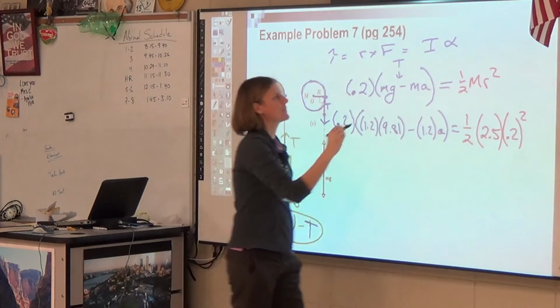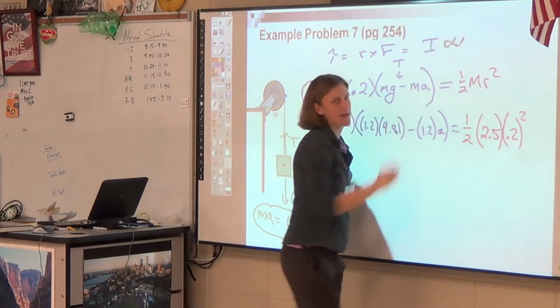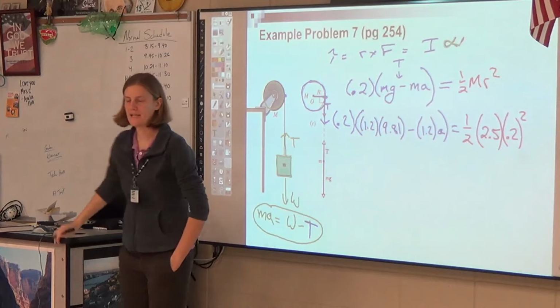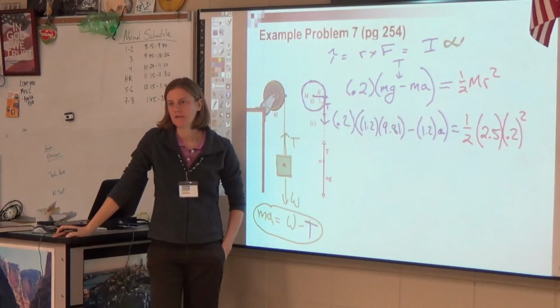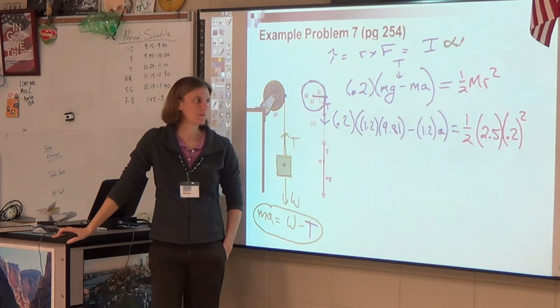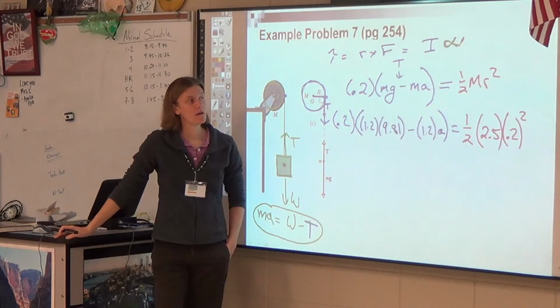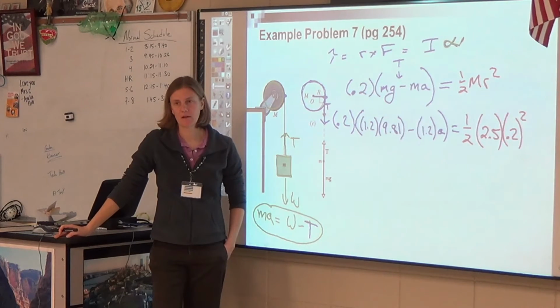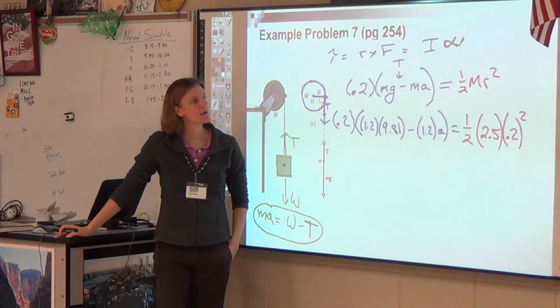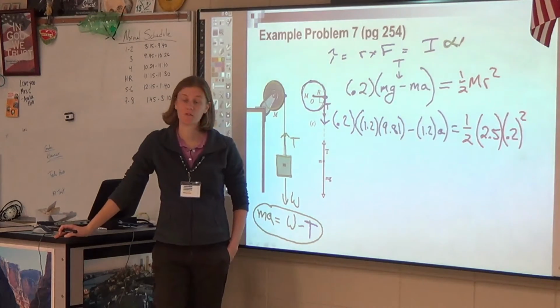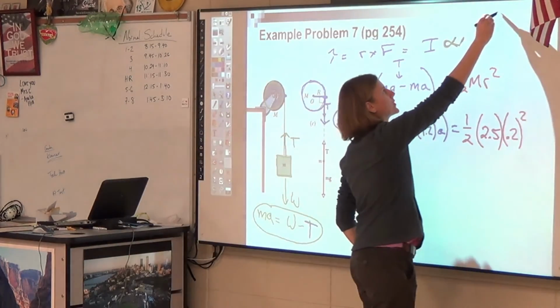Yeah, but how do I deal with alpha? Do I know anything about radians per second squared? No. But look at the slide previous to this. What is a formula that relates? Not MA. Well, A divided by R. Yes. We had our little marching band equation.